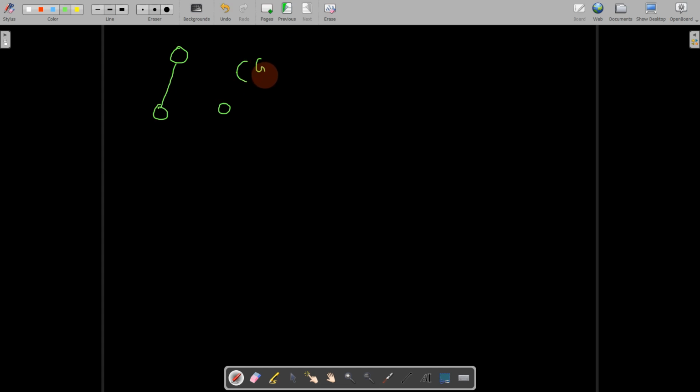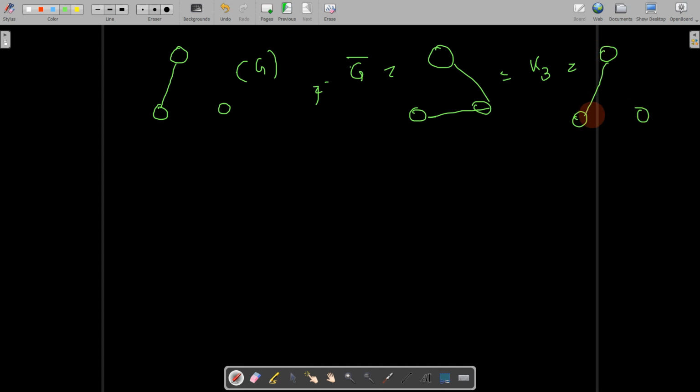This is the graph G. Then its complement, G bar, will be whatever edges are present in the complete graph minus the edges present in this graph. So that would become this and this. This is the graph and this is its complement. If you take the union of these two, you will get the complete graph on three vertices, K3, which is a triangle. These are all possible edges.